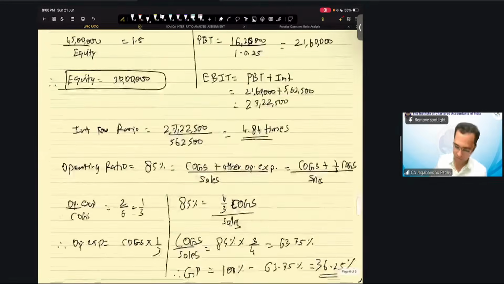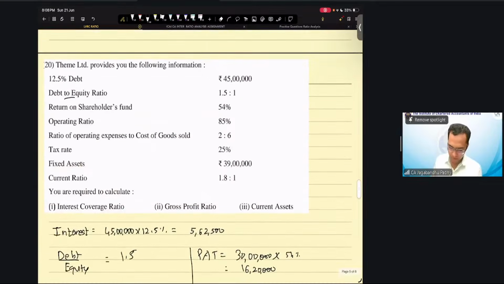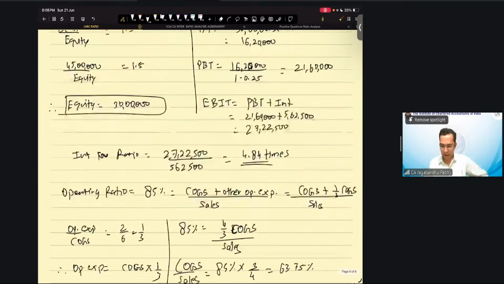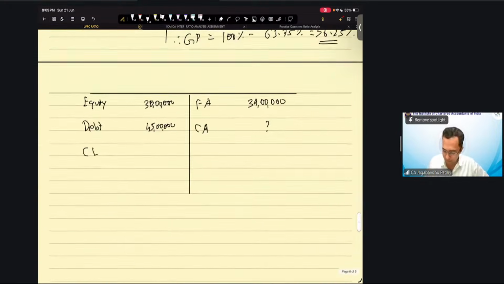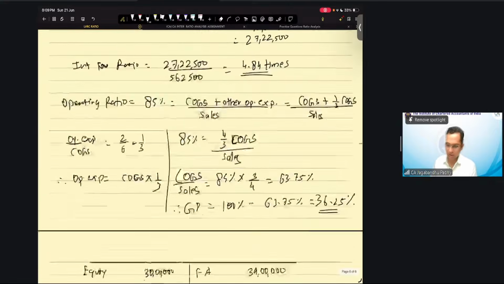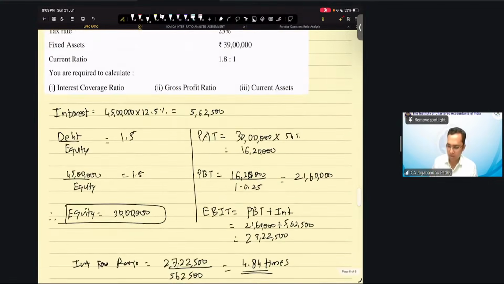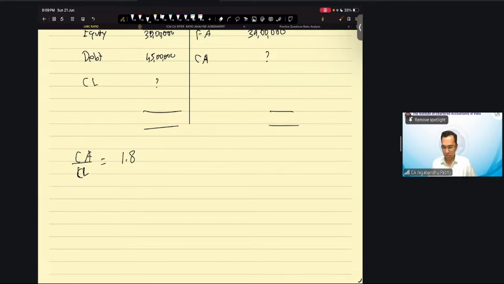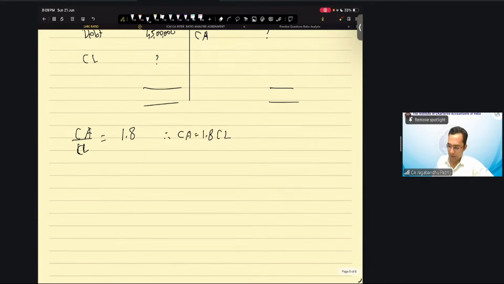Debt is given as 45 lakhs. So of course, we have the current liability also, which is something we don't know. But we know that current asset upon current liability is 1.8. So current asset is 1.8 times current liabilities.